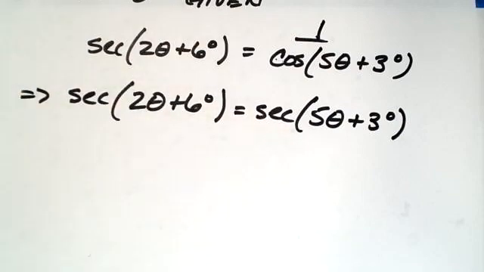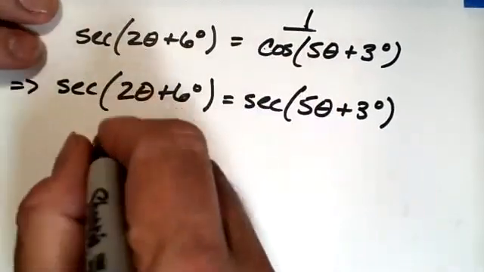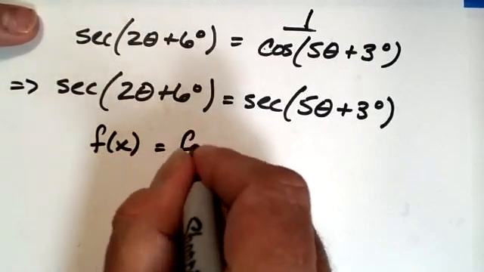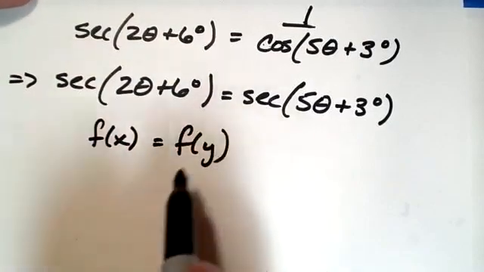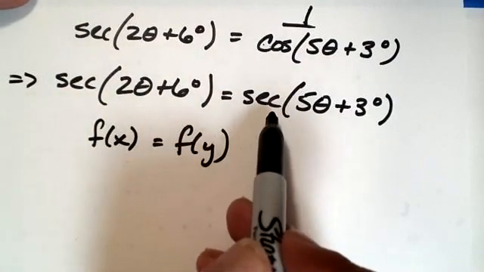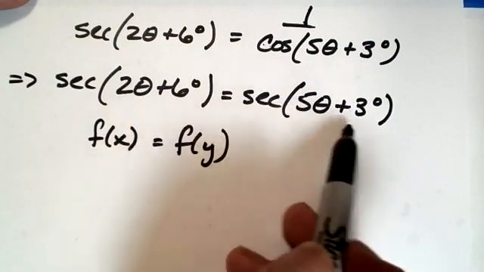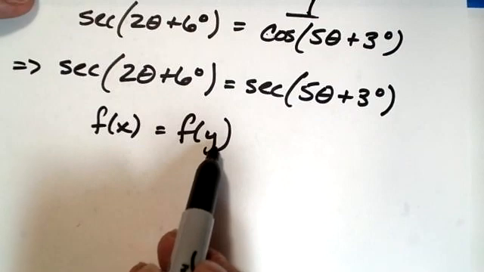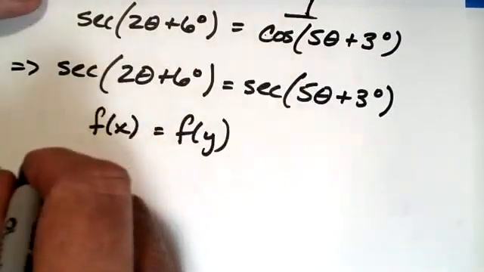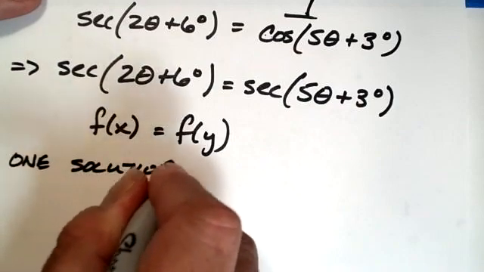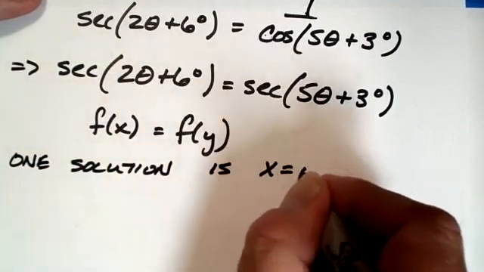But one of them is really easy to find, because it is certainly the case that if f of x equals f of y, so basically we've got a function of something equal to the same function of another thing, then it is certainly the case that one solution is x equals y.